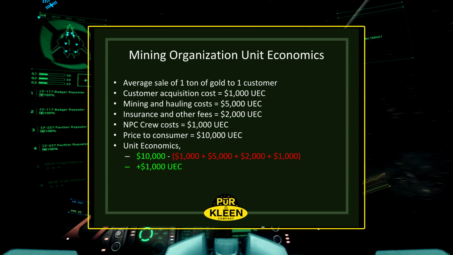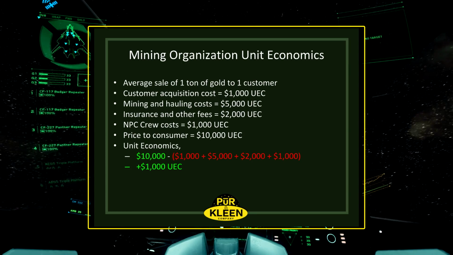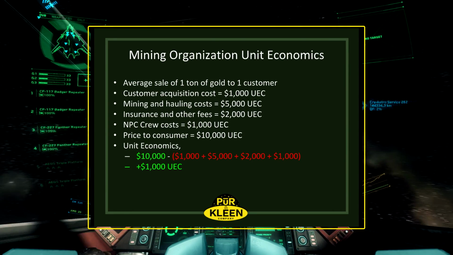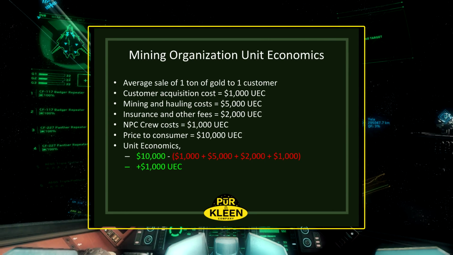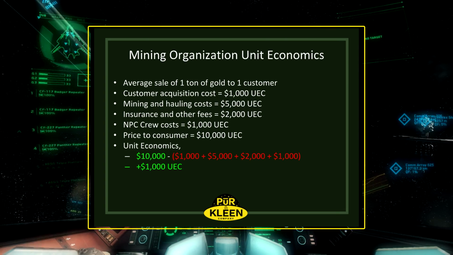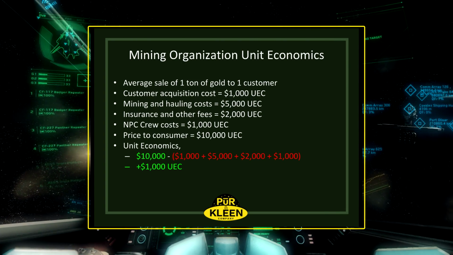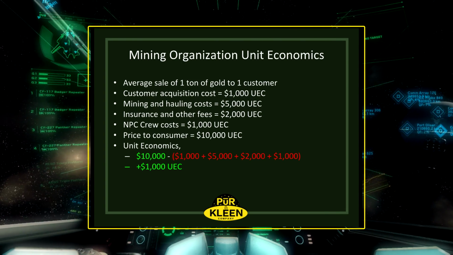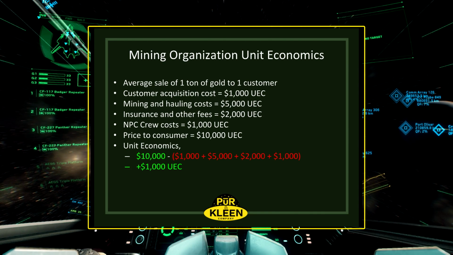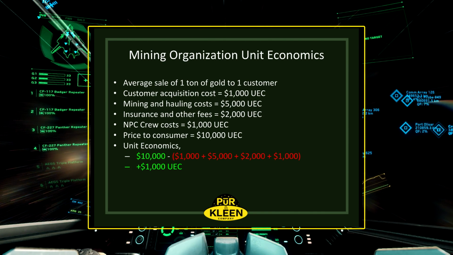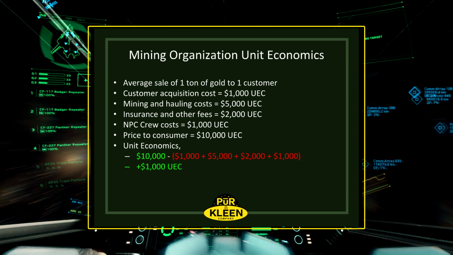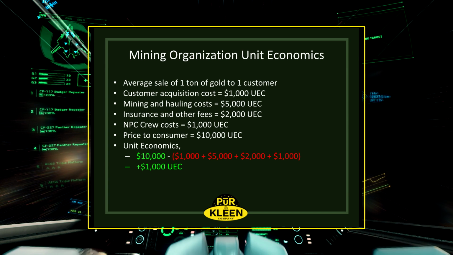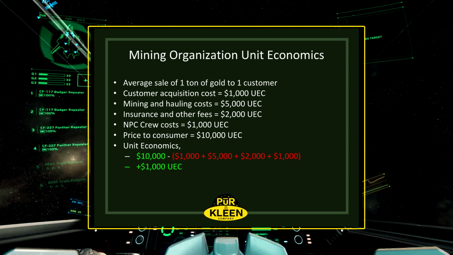Another thing is we may realize that 1,000 UEC per sale for 1 ton of gold is too low a profit to be worth it to you. So you may want to consider increasing your sale price to the average customer and adding some value to the customer in other ways.